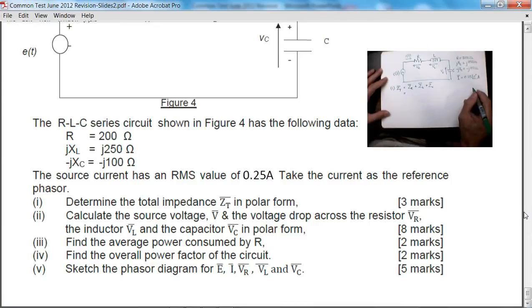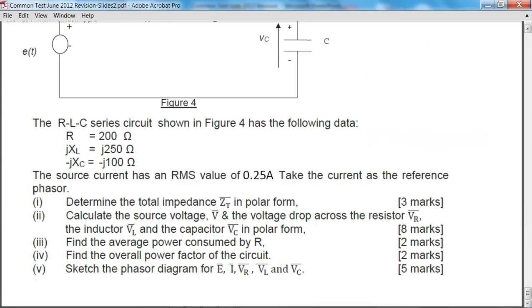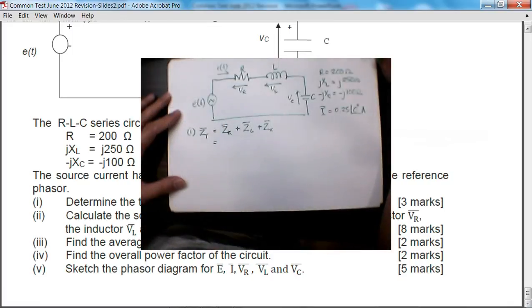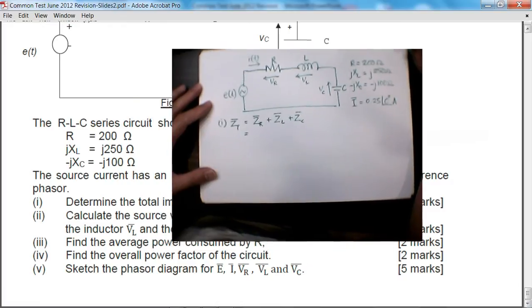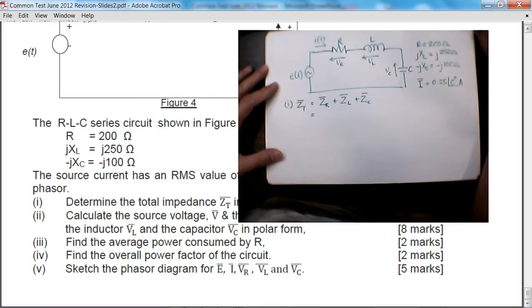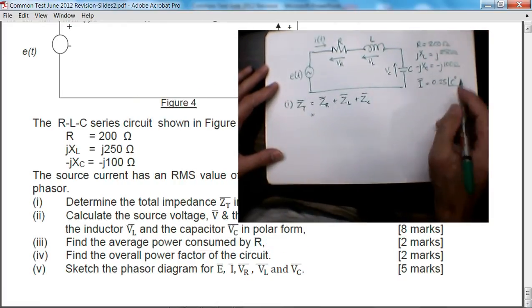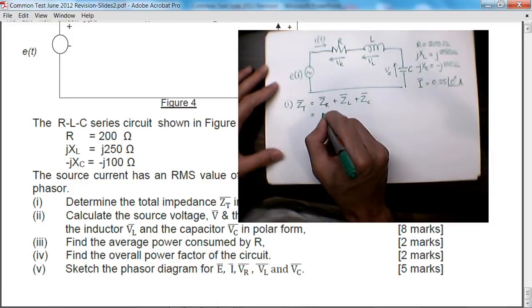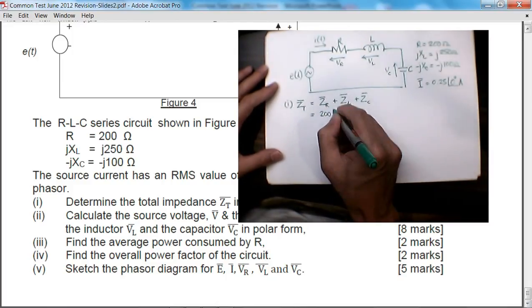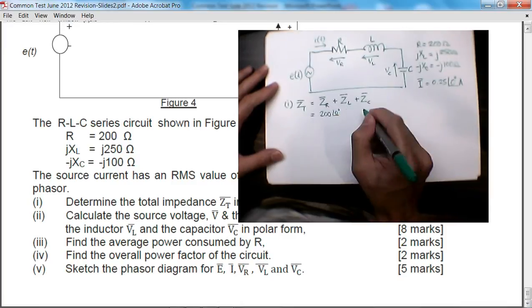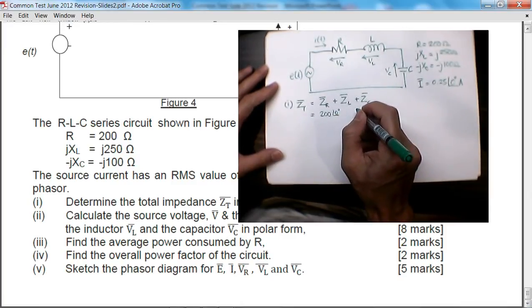So in phasor form, you can write it up this way: 200 angle 0, since the resistor does not introduce any phase shift.